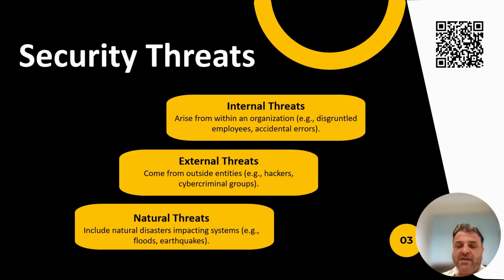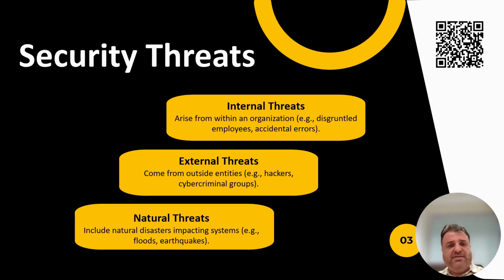Here we want to talk about security threats and their categories. A security threat is any event or condition that could compromise the confidentiality, integrity, or availability of information or systems. So here you can see again the CIA triad. There are three categories we could face. The first one is internal threats, which arise from within an organization.